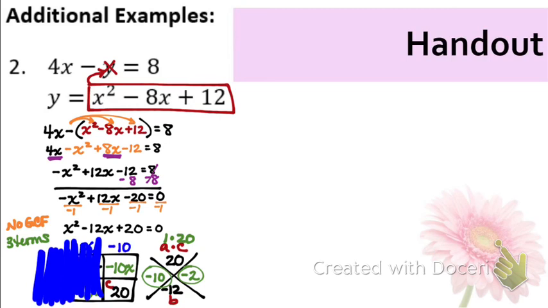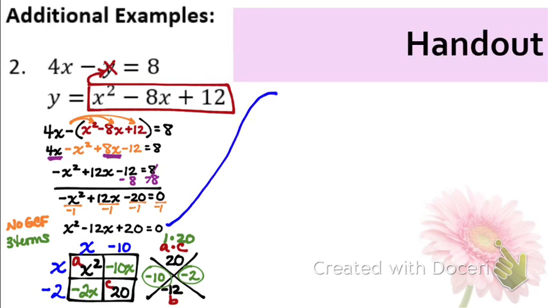I can take a -10 out of each piece. So what are my 2 factors? X minus 10 and x minus 2. So I have x minus 10, x minus 2. That's my factored form.